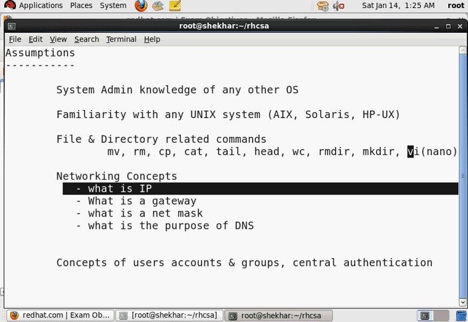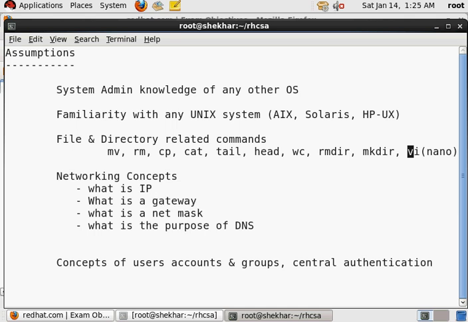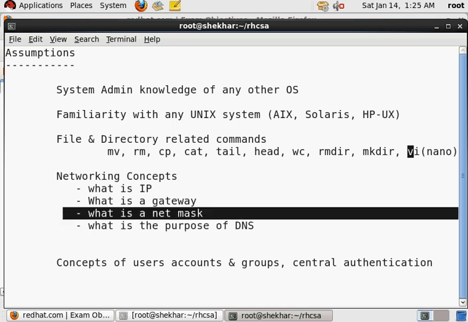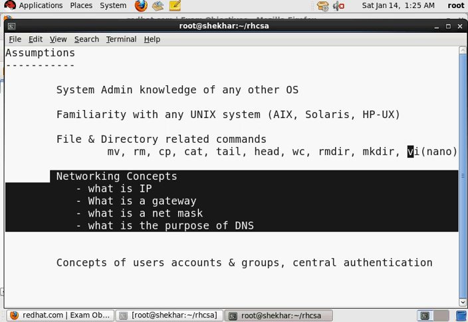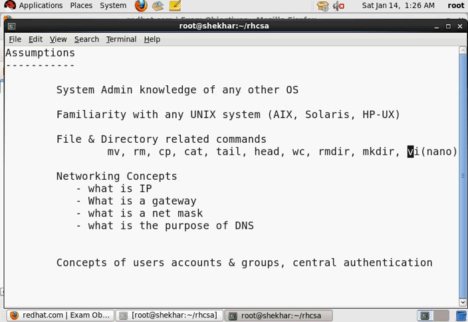You should be aware of those things. You should be aware of what a gateway is to communicate with an outside network. You should know what a netmask is. So these networking concepts should be known to you, and I'm assuming that you know them because you have prior system administration or network administration knowledge from any other operating system.